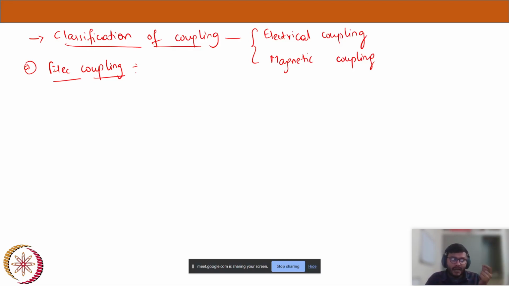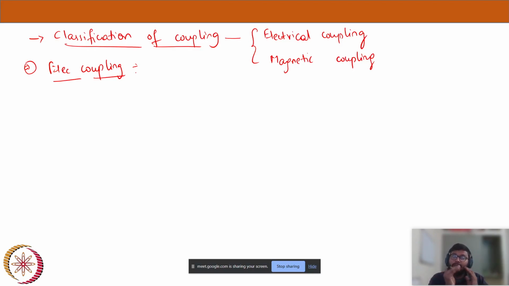That kind of connection is called electrical coupling. I will give you a definition so you can remember it. Electrical coupling occurs when there exists a physical connection between two coils. That is very important. This coupling can be of either aiding type or opposing type, which we will look into later. But the basic of an electric coupling is the presence of a physical connection.